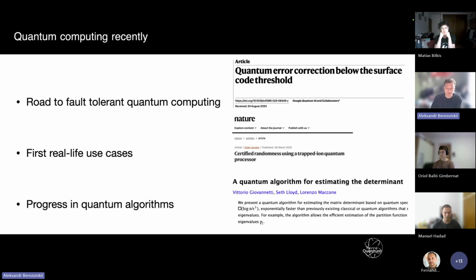But for example, last month there was this paper, and Seth Lloyd is one of the most renowned quantum computing researchers out there. They published an algorithm which finds the matrix determinant exponentially faster. So I think the progress is slow, but we're somehow getting there. I feel like we're still good to get some fruits out of this field.